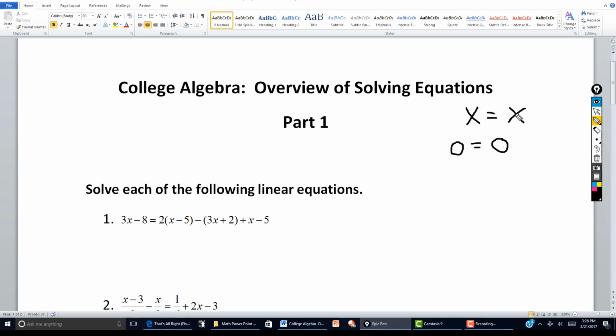So if I try to isolate the x's, I bring this x to this side, I get 0 is equal to 0. On the other hand, if I get something like 0 is equal to, let's say, a number 2, that's a contradiction. 0 cannot equal 2. That's basically telling you that you have no solution.